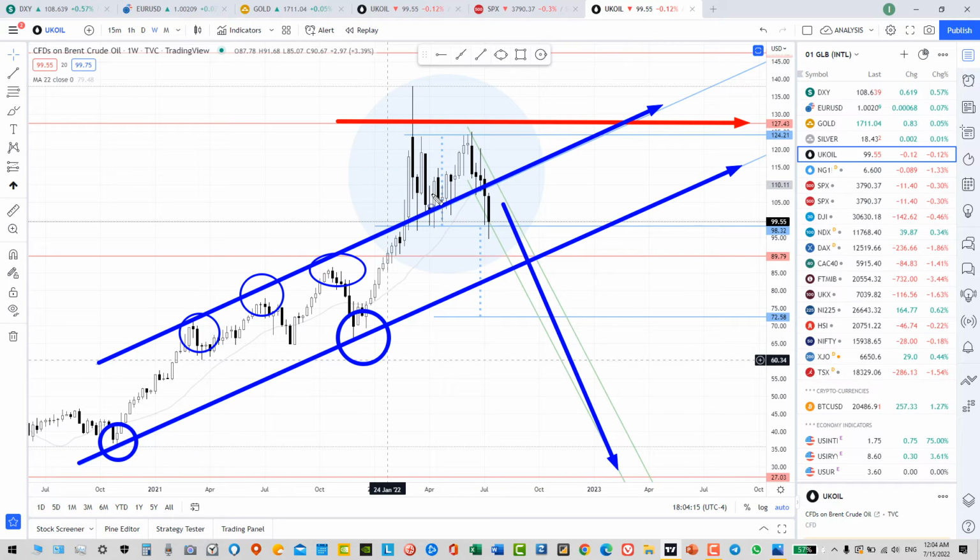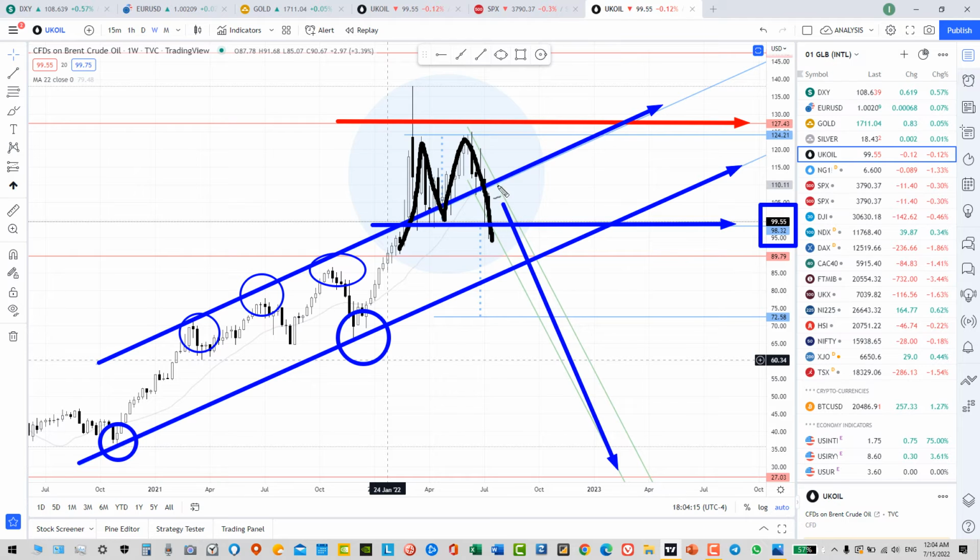So it looks like there is a reversal pattern in the formation process, which I guess may be a double top with a neckline running through the $100 mark, which is also considered a psychological level of support.